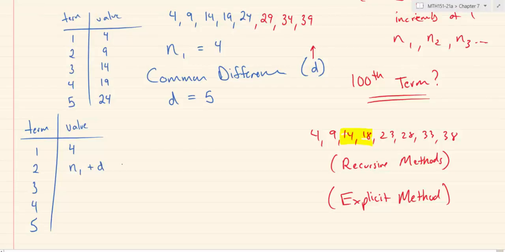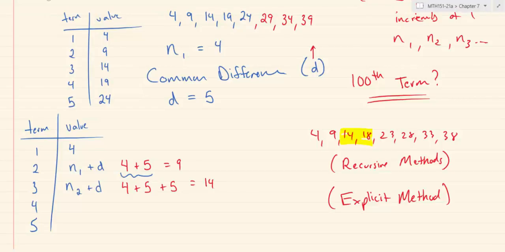So in this case, I'm going to take 4 and add 5. So how do I find the third term? Well, I would take n sub 2, I would take the prior term, and I would add d to it. So that's going to be 4 plus 5 plus 5, which is 14.